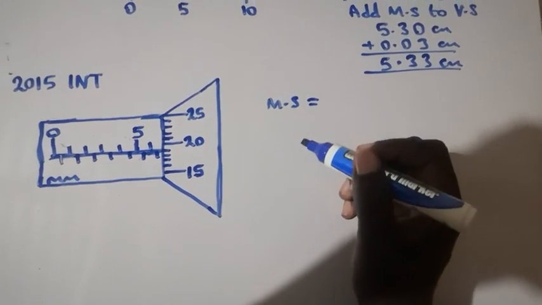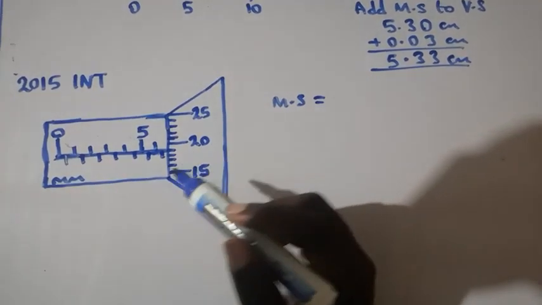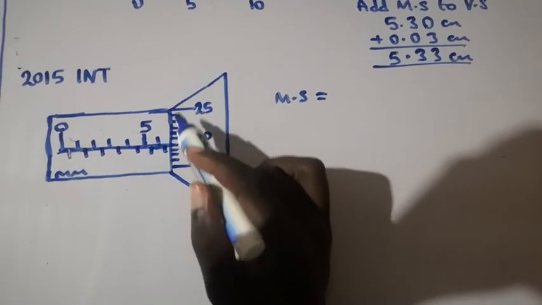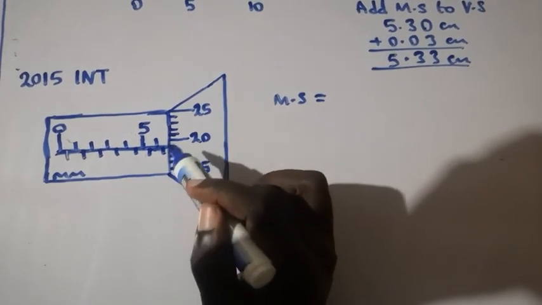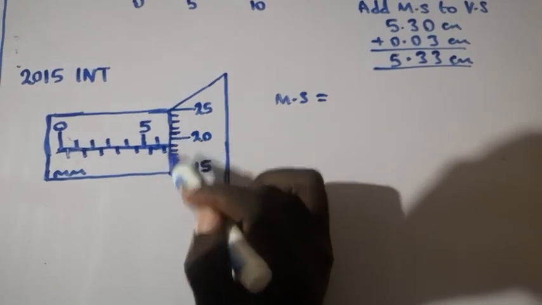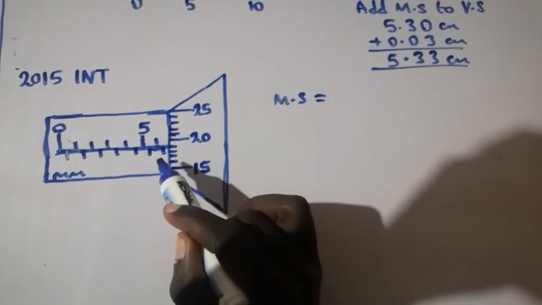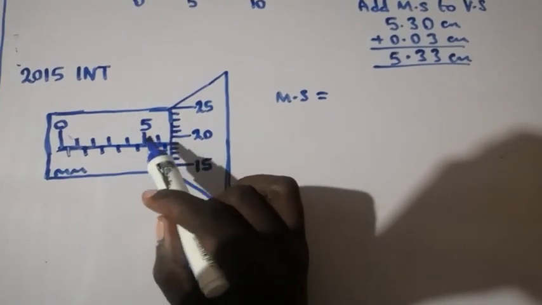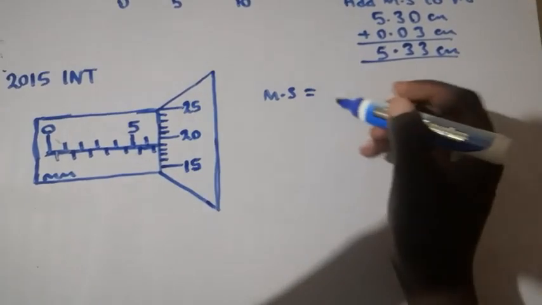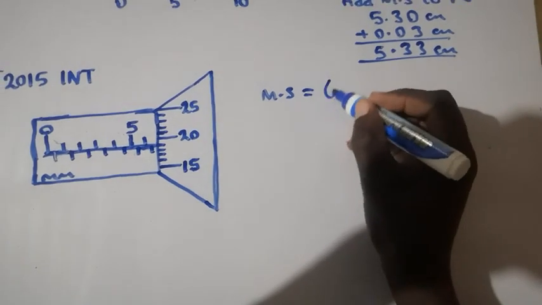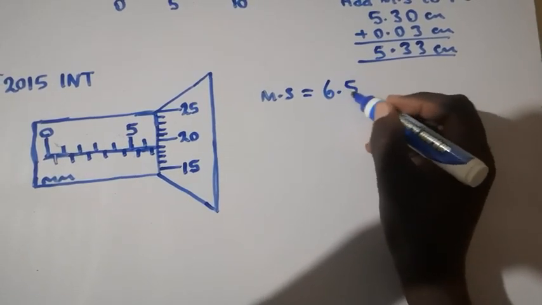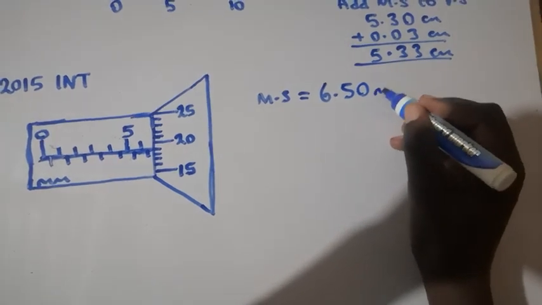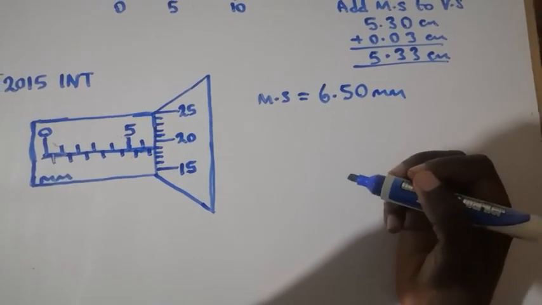For the main scale reading, we have to look for the mark that is close to the thimble scale, the mark that is close or at the edge of the thimble scale. This one. So it is going to be 6.5. You add 0 to balance the significance, millimeters.